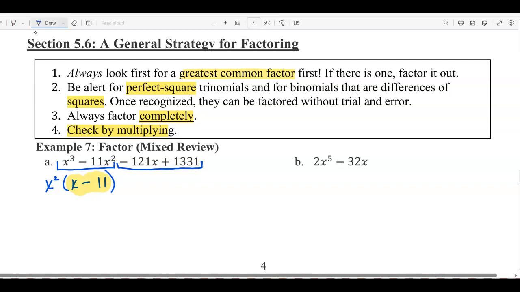Now the only way to get that would be to divide 1,331 by 11 and see what we get. And if you put that in your calculator, we get 121. So I'm going to try to factor out a 121, and I'm going to take the negative because of this negative sign right here. So 121x divided by 121 is x. 1,331 divided by 121 is 11.